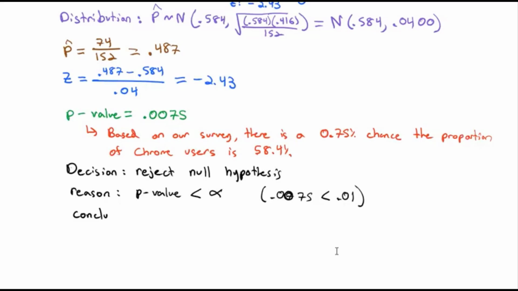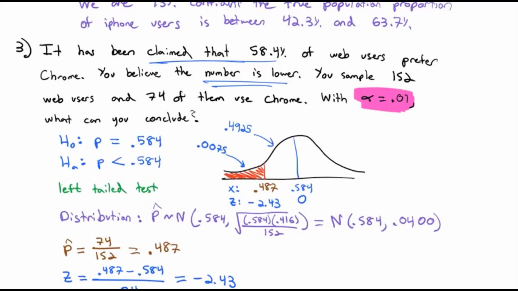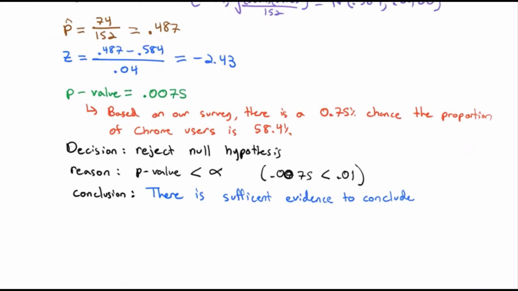So our conclusion: if we reject the null hypothesis, we will say that there is sufficient evidence to conclude, and then we will state the alternative hypothesis in context, focusing on being less than the 0.584.